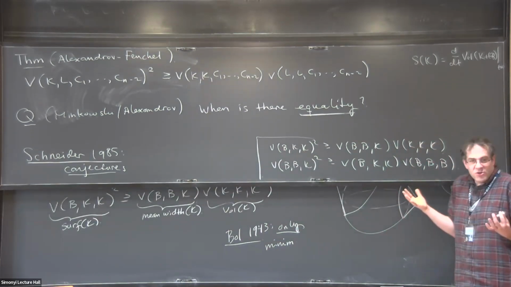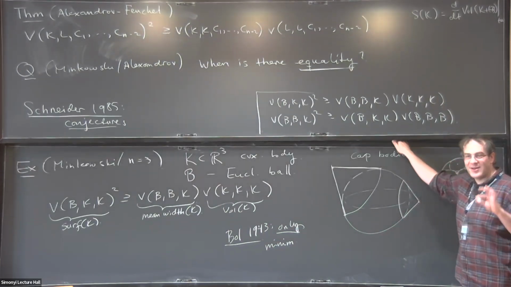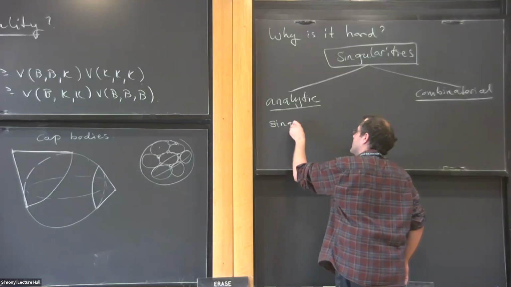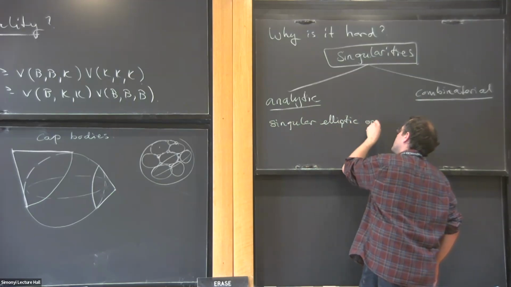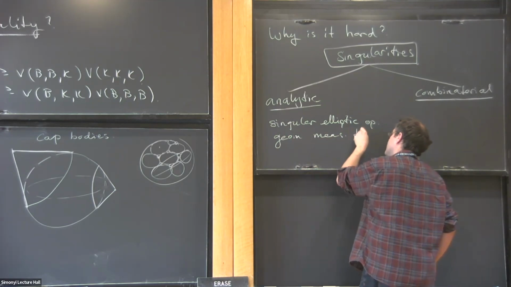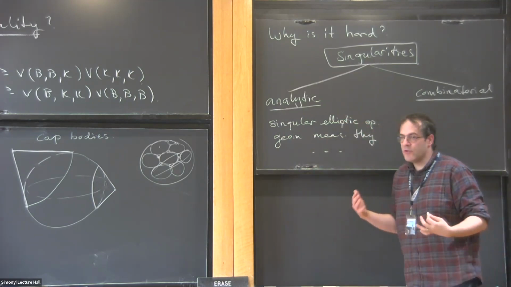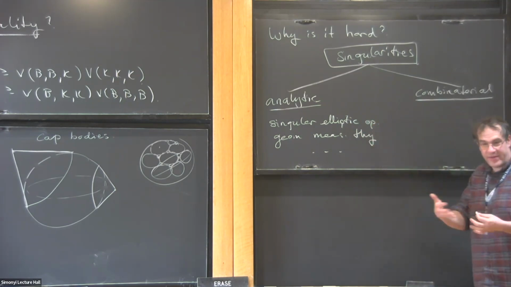And we don't know how to analyze or even define them properly. Right? So we get issues of singular elliptic operators, geometric measure theory, etc. We get these kind of problems that the objects that appear in the proof become extremely singular, they are highly irregular, and we don't have a good way of analyzing these.